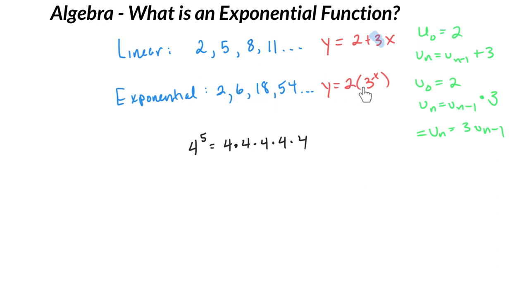We started at 2, and this tells us how many times we're multiplying by 3. Now, because this multiplication grows so fast, while a linear equation looks something like this, an exponential equation grows very quickly, and the faster it grows, the faster it grows. It just keeps growing faster and faster all the time.